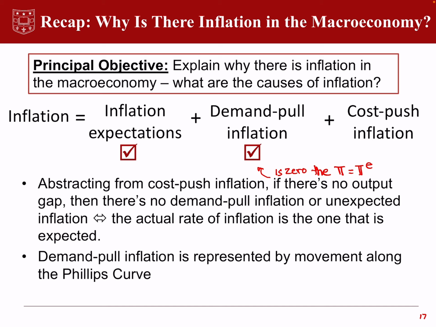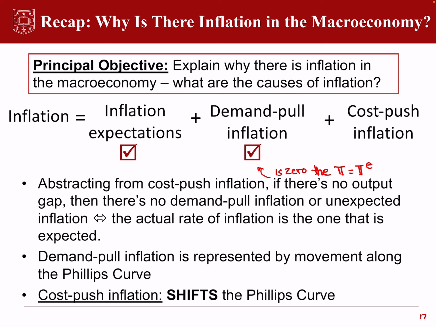So perhaps it's not surprising that if we're describing movements along a curve, in the spirit of economics, we would then move on to shifts in a curve. And indeed, that's exactly what we're going to turn to next. We're going to illustrate the idea of cost push inflation, and we're going to describe it graphically as shifts in the Phillips curve.